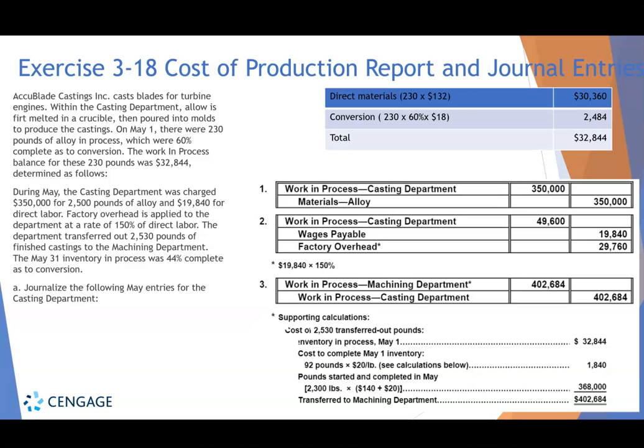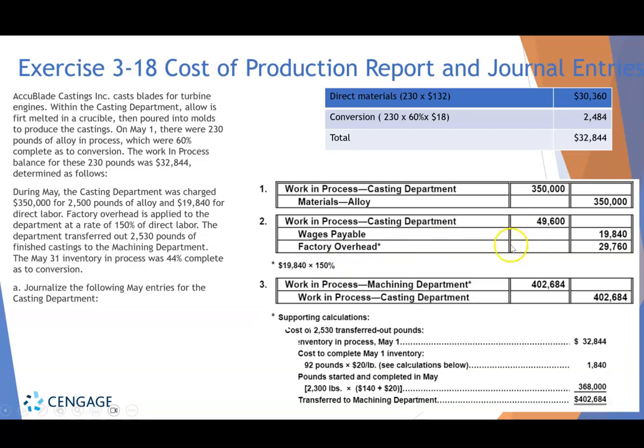So you see what came into the casting department from materials. It says $350,000. So we debit our work in process casting department, credit our materials for $350,000. We show we had the wages payable of $19,840, and our factory overhead is 150% of direct labor.